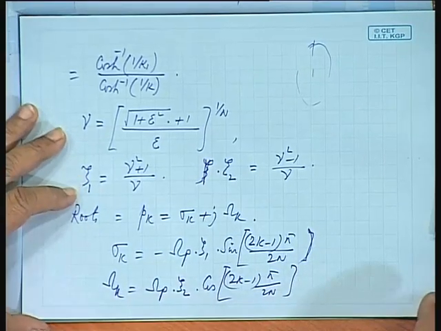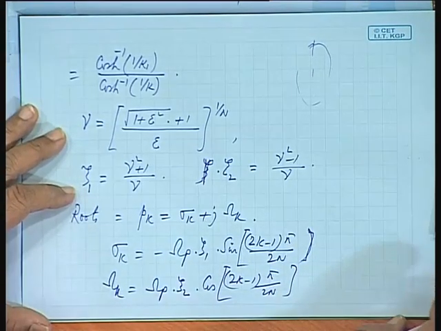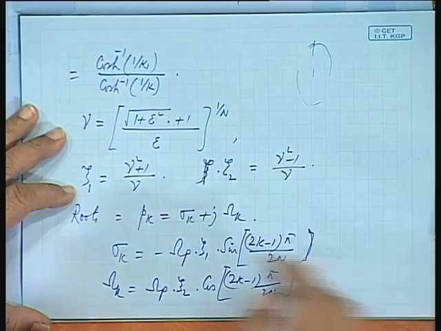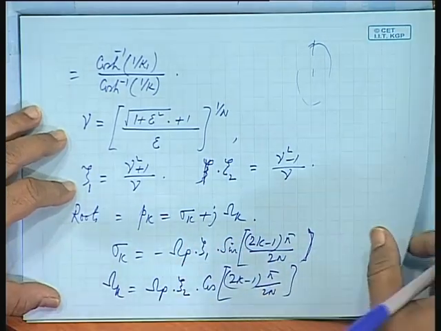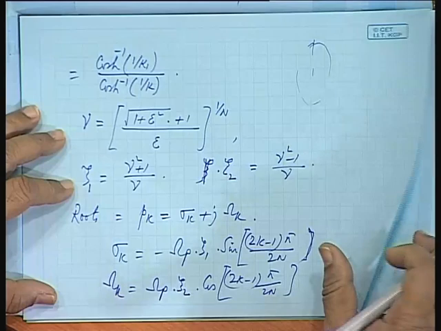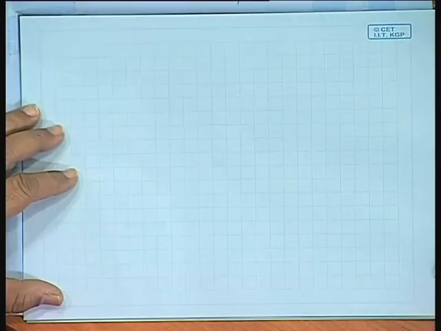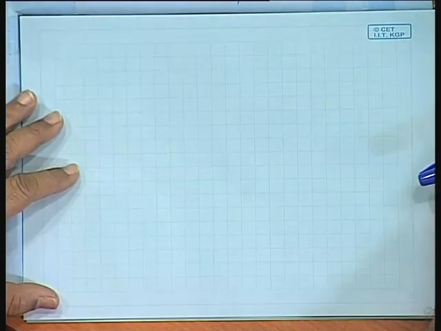Basically, they represent the major axis and minor axis of the ellipse, times omega p. There are other ways of looking at these Chebyshev polynomials. There are many books where they refer to the direct design tables, and we will discuss that at a later stage.